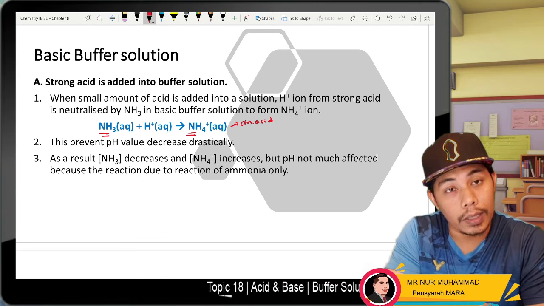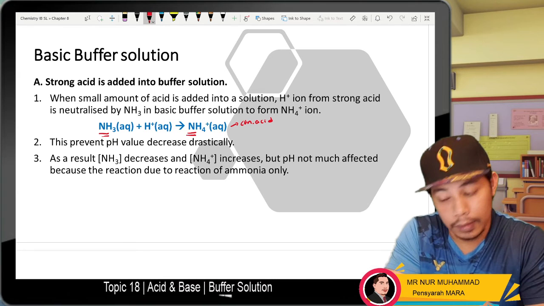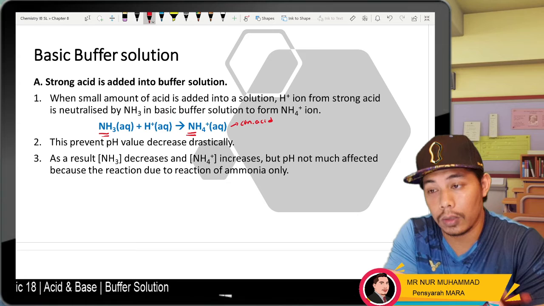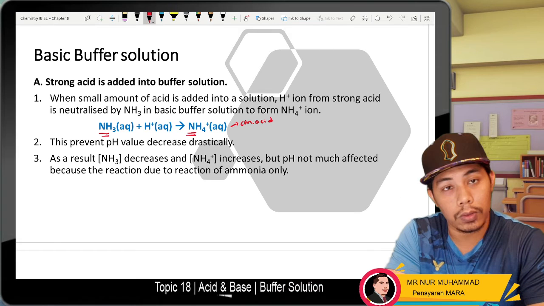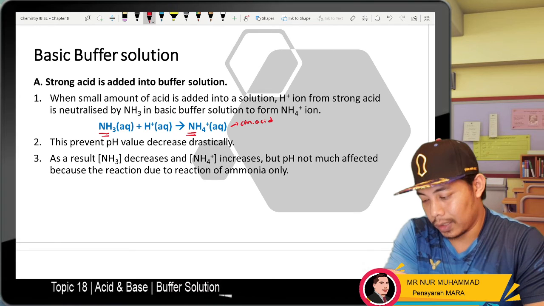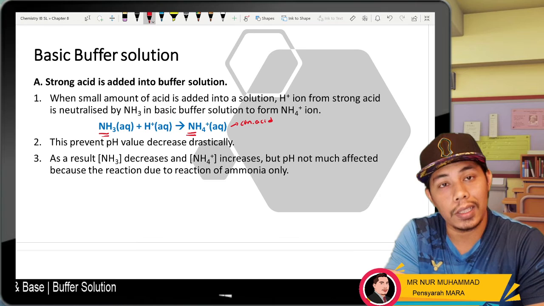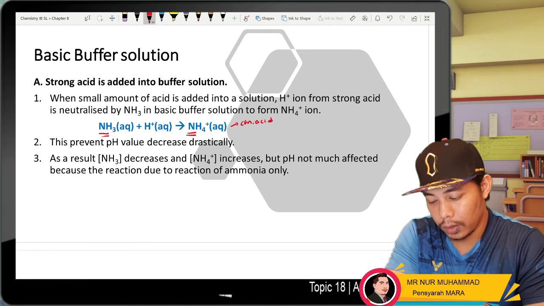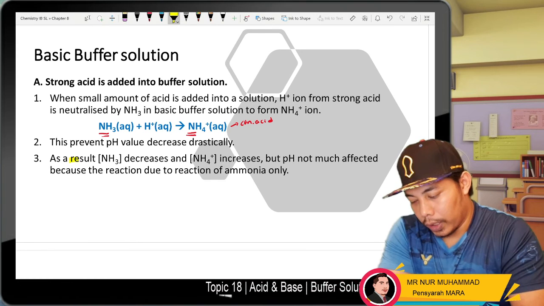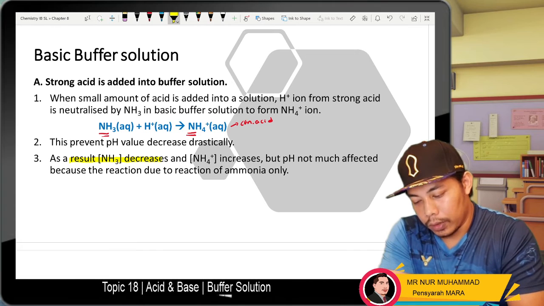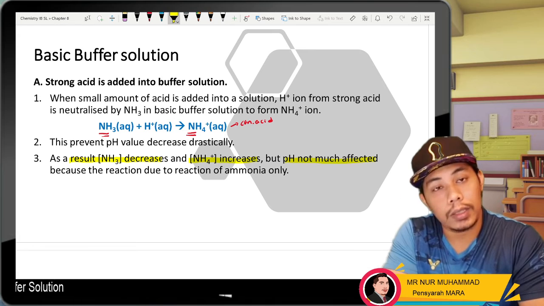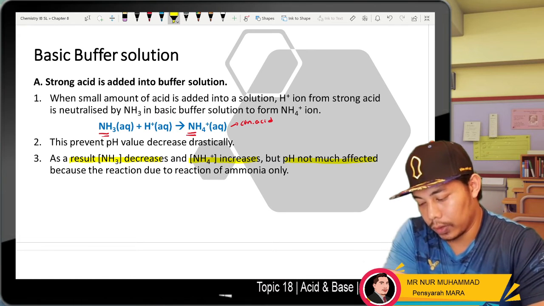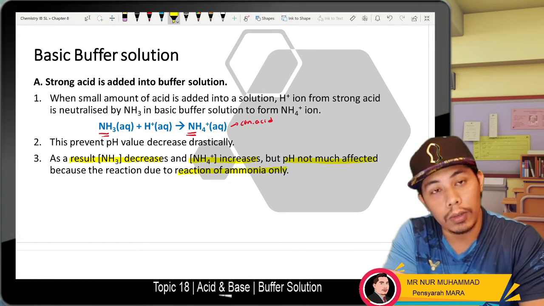Hydrogen ion affects the pH scale much more. So this is how a basic buffer solution resists changes of pH when a strong acid is added. As a result, the concentration of ammonia decreases and the concentration of ammonium ion increases, but the pH is not much affected because of the reaction of ammonia only.